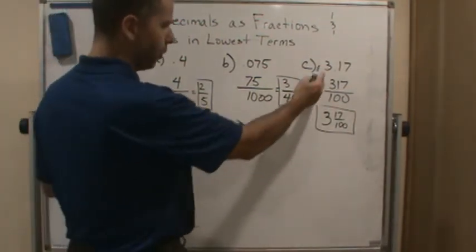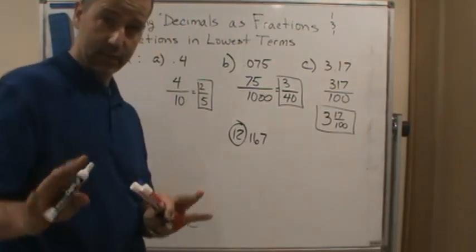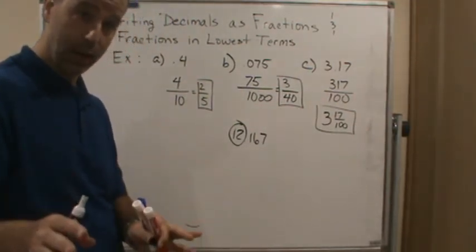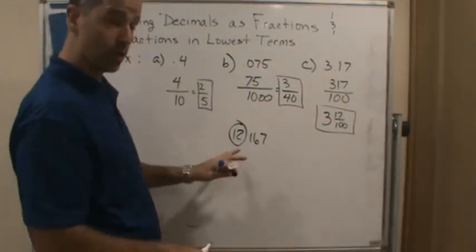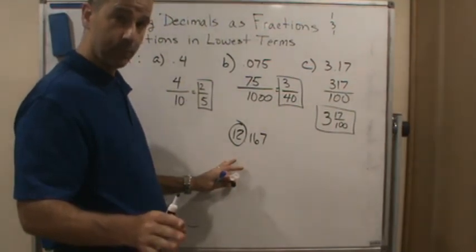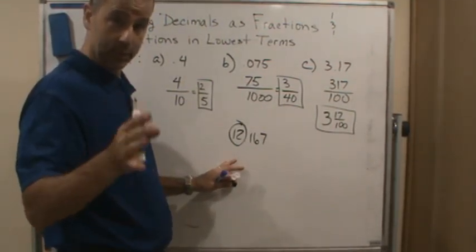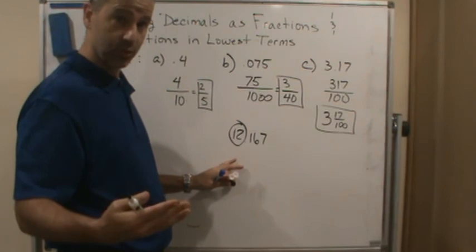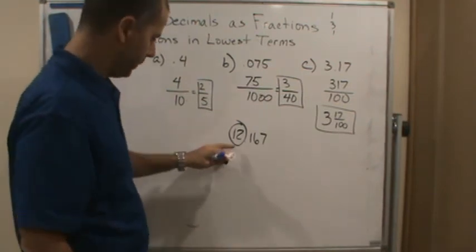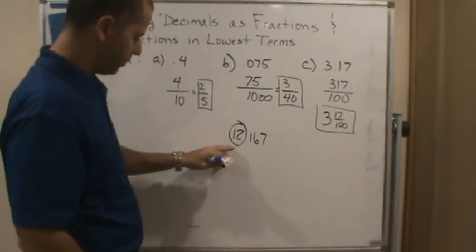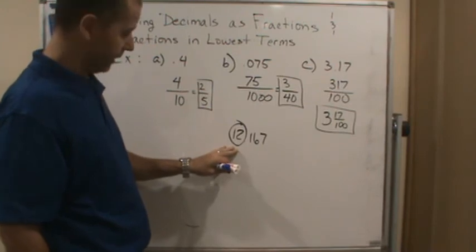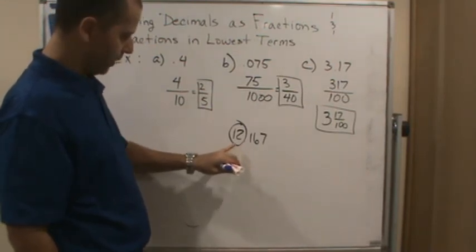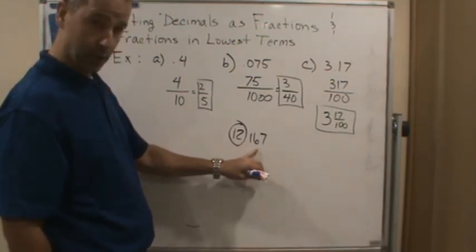So instead of going through this part, which again is valid, and make sure you know how to do this, there's always another way. In many cases, not always, but in many cases there's another way to get to the end result. So in this case here, I can just treat this as separate, right? Because the decimal point separates the whole number from the fractional part.